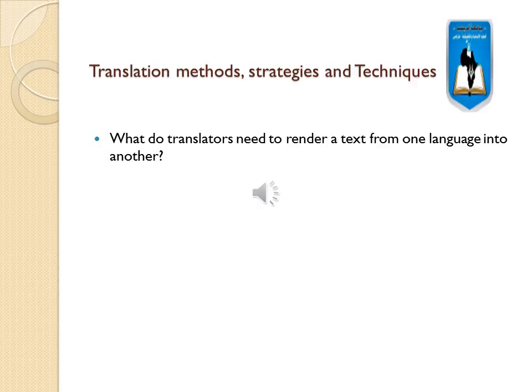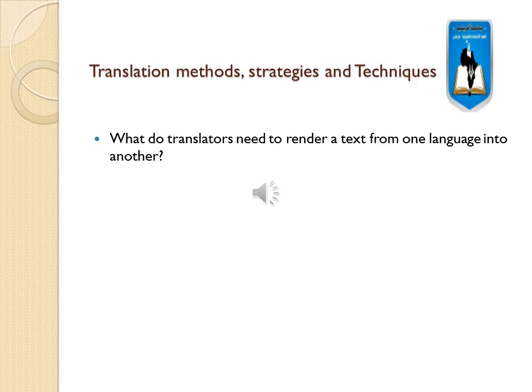So let's check this slide: translation methods, strategies and techniques. What do translators need to render the text from one language into another? We've always touched on this: they need certain procedures, certain methods, certain techniques. In referring to the ways or modes adopted by translators in rendering text from one language into another, 4 terms are used: method, strategy, technique and procedure.